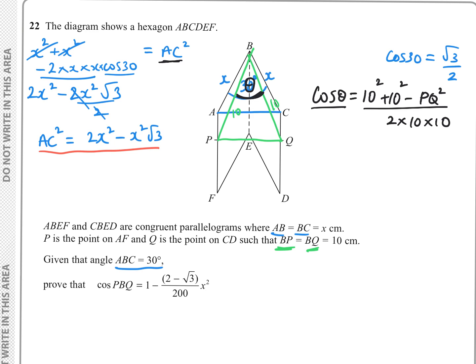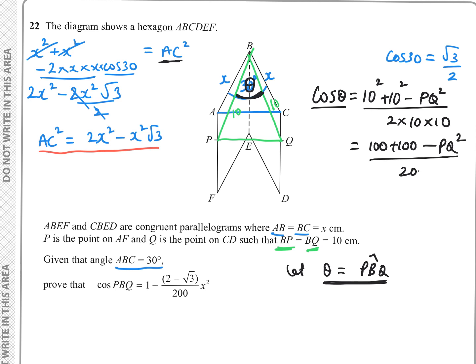So I'm letting theta equal PBQ, that angle, just so you know. So that's going to be 100 plus 100 minus PQ squared over 200. So cos theta is going to be 200 minus PQ squared over 200.